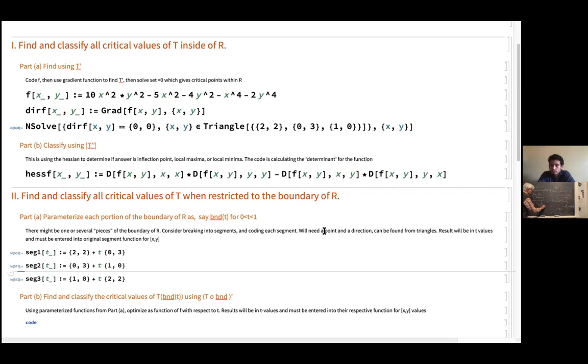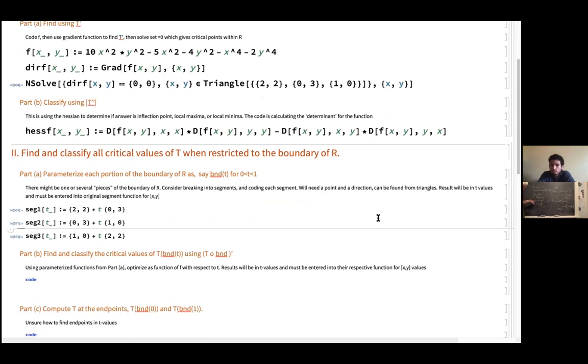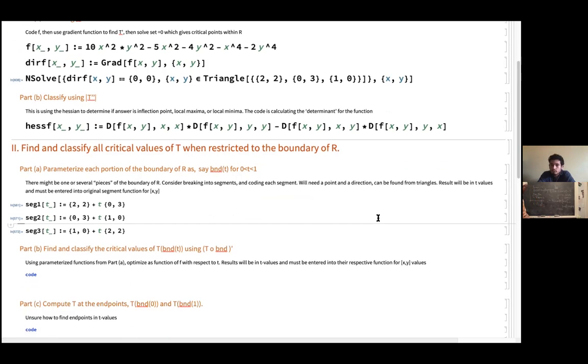If it's negative, it's a max. And that will give you the t values at which you have maxes and mins. You also have to check 0 and 1: f of 0 equals, f of 1 equals. Once we do all this, we will have the maximum and minimum of the function on 0 to 1.